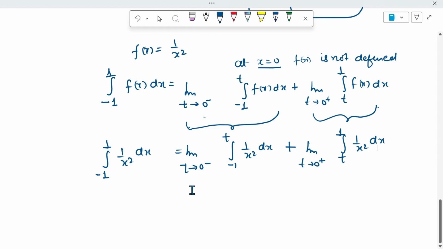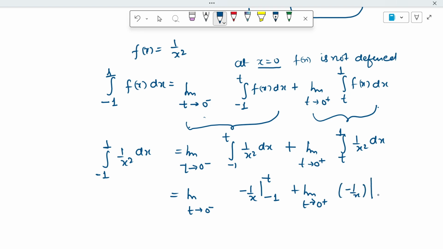Okay, then we know that we can calculate this, and this will be limit t tends to 0 minus of -1 by x, with lower limit -1 and higher limit t. Same, limit t tends to 0 plus, this will be -1 by x, with lower limit t and higher limit 1.